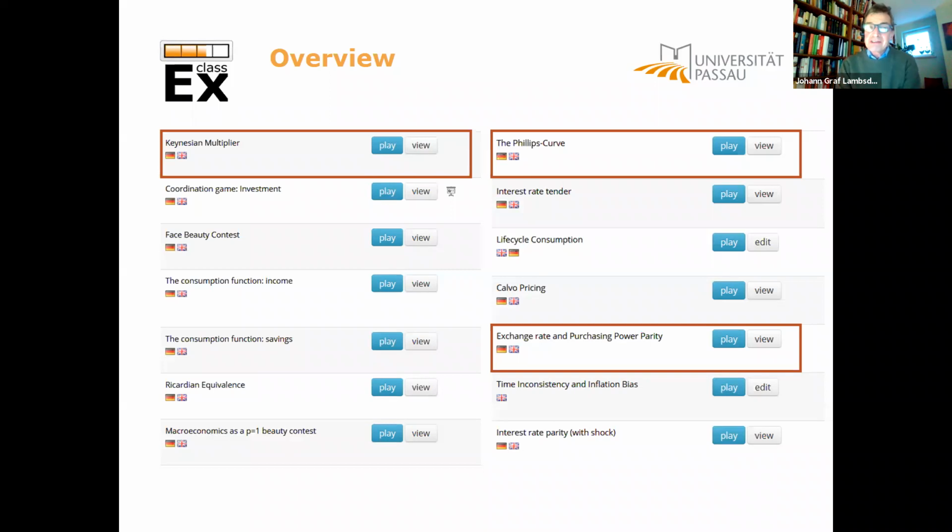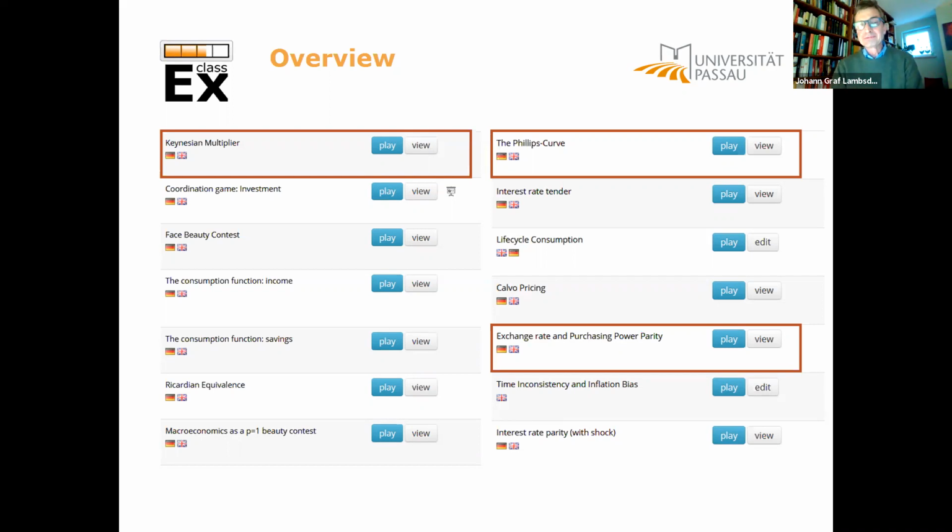We have a coordination game on investment, which basically tells you how investment might be a type of an assurance game, where the equilibrium selection can be a little more complex. And this helps students understand that investment may not necessarily be just a unique equilibrium, and that it can be affected by types of sunspots, so it takes a more behavioral approach to investment levels.